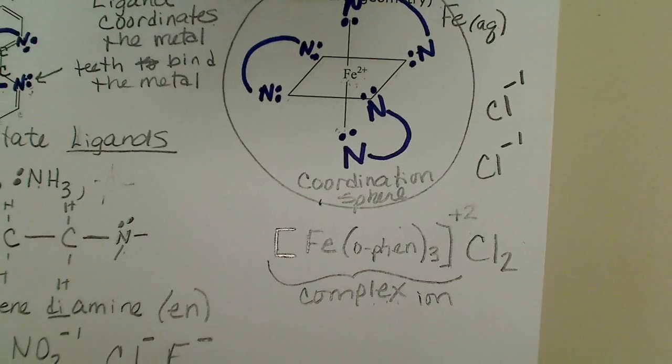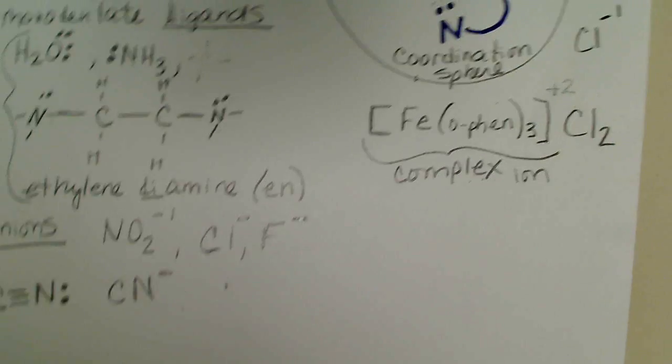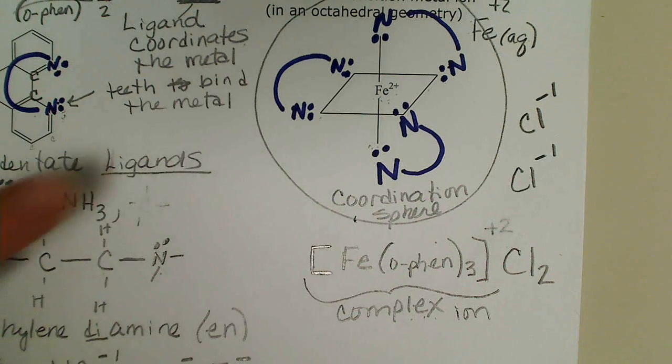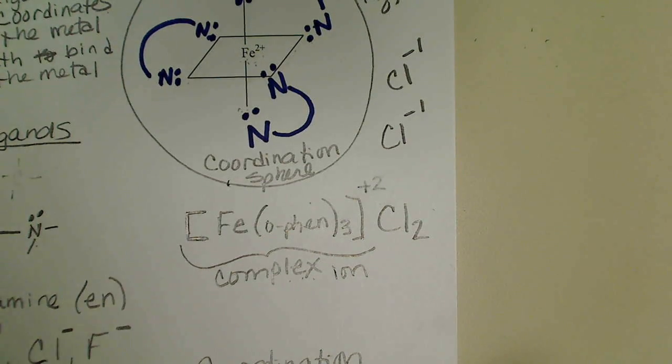One other vocabulary word I want to mention here, if we stay looking at this picture, we would say that the coordination number of the Fe complex here would equal 6.